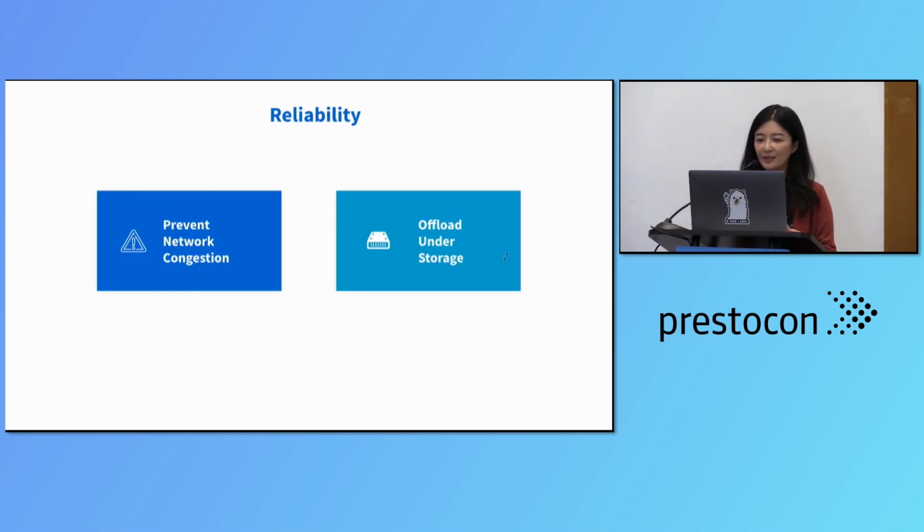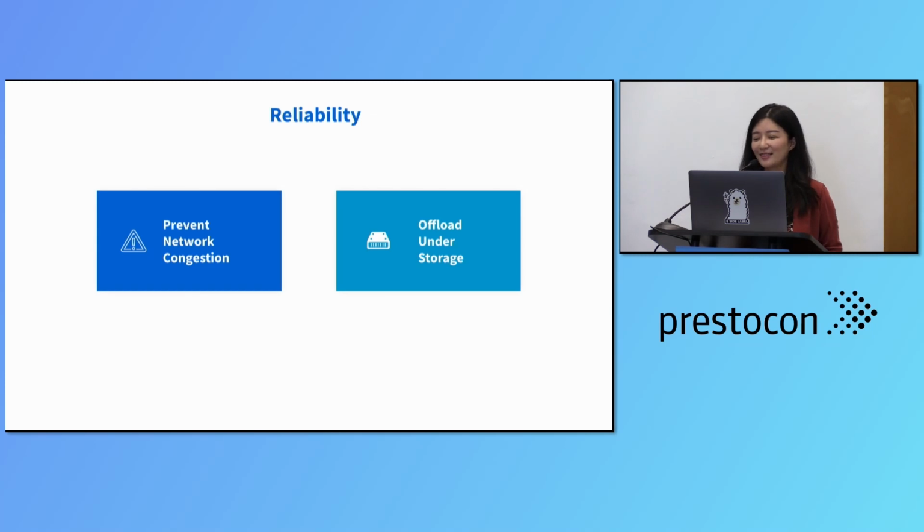Another benefit here is reliability, because people's challenges are different. Some companies or organizations, their challenges are really that they have very limited network bandwidth. So if they have very frequent load on their Presto, their network might be congested when they have network spikes.